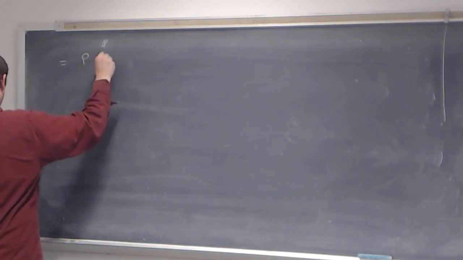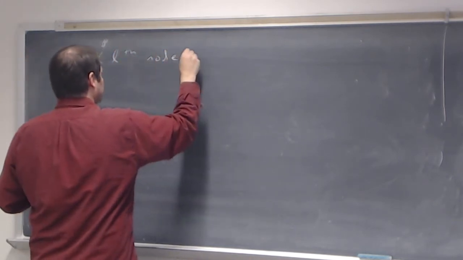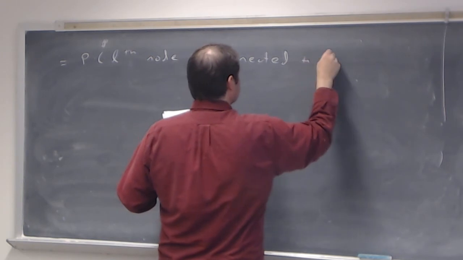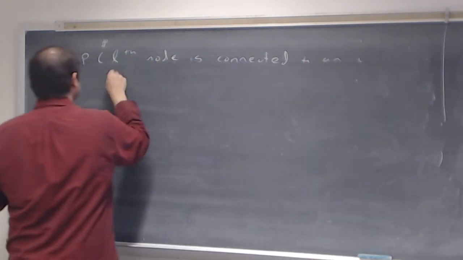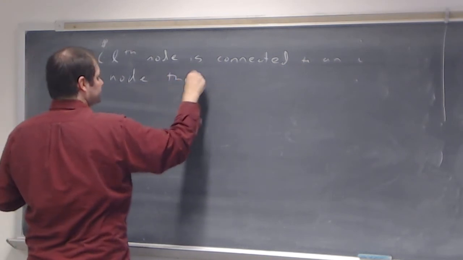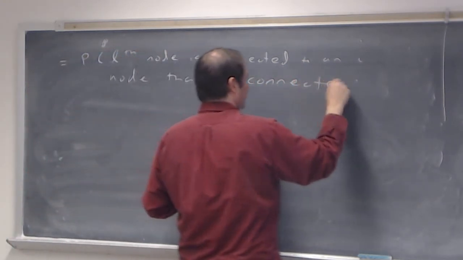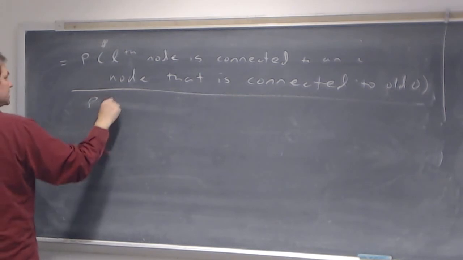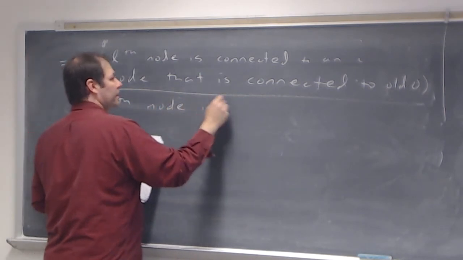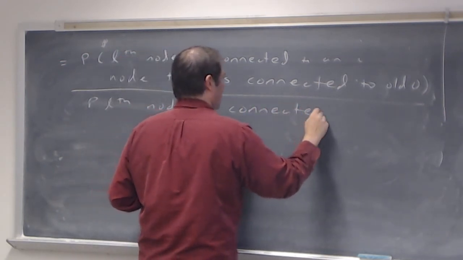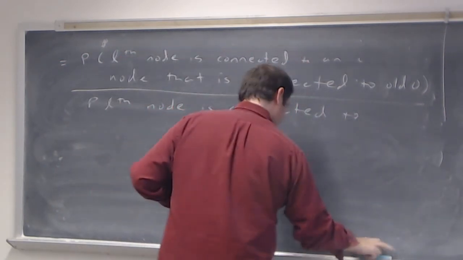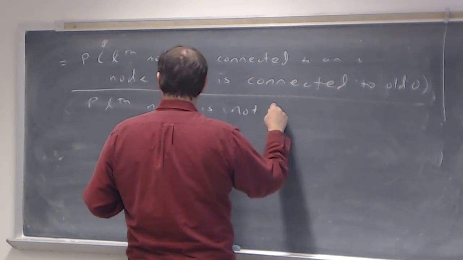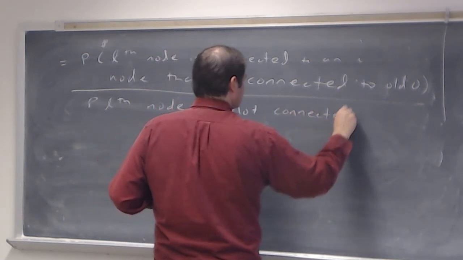That's the same thing as the probability that the L node is connected to an i node that is connected by an arc to old 0, over the probability that the L node is not connected to old 0.